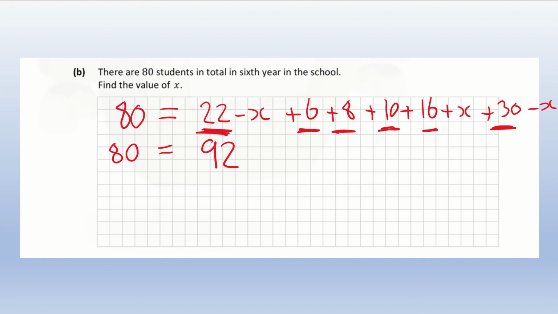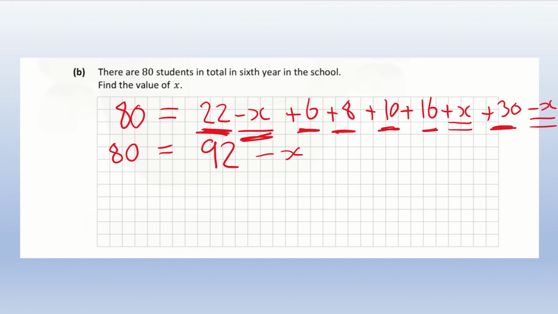And then if you look at your x's, I'll just put 2 lines underneath that, to distinguish from the actual numbers. You've got minus x, you've got plus x, and you've got minus x. So if you have minus x, then you add x, you're going to get 0. And if you take away x, you're just going to end up with minus x. So 80 is equal to 92 minus x.